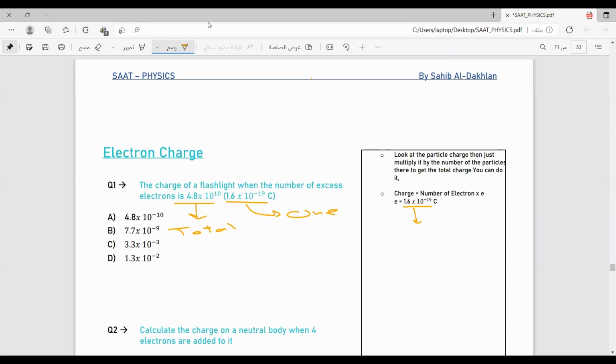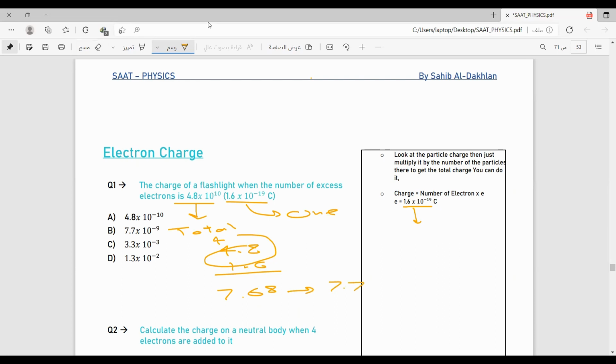That's it. If you just make a multiplication between 4.8 and 1.6, you will find it will be 7 point something, 7.68 or something. Then if you make an approximation, you will find it as 7.7.